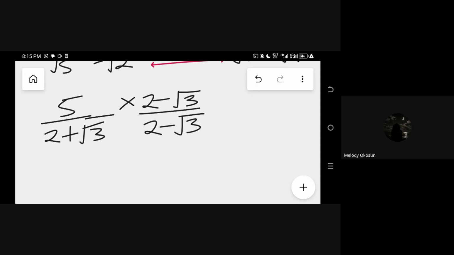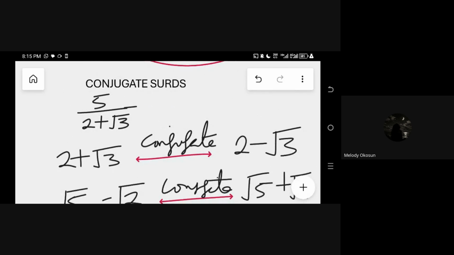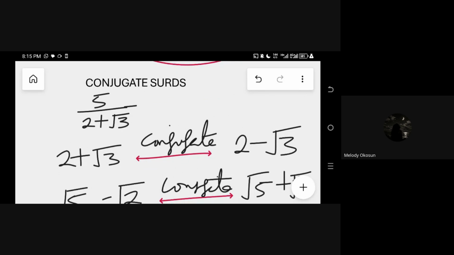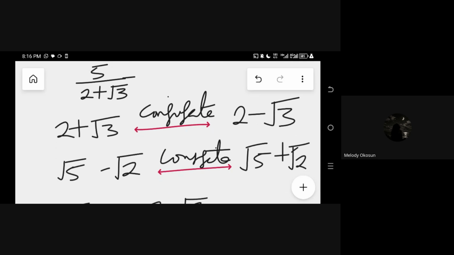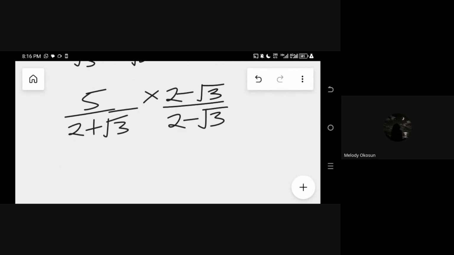So we're trying to rationalize now by the conjugate. Remember we said the actual question was 5 over 2 plus root 3. When rationalizing with the conjugate, we change that 2 plus root 3 to 2 minus root 3 at the denominator. That's why we are multiplying the top and the bottom by 2 minus root 3.